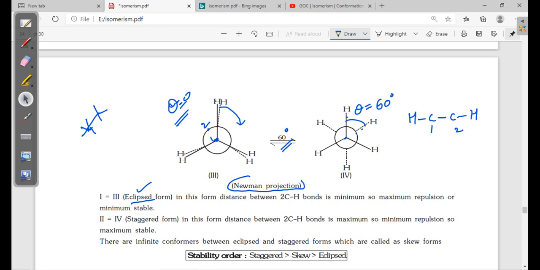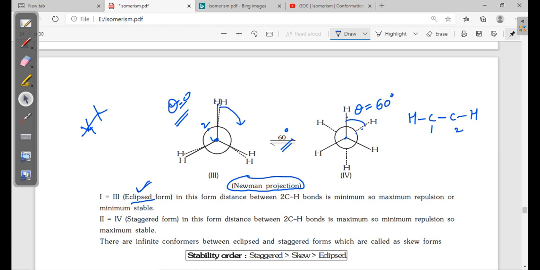We are showing in the Newman projection that the dot indicates one carbon, the ring indicates the other carbon, the backside carbon. If the front hydrogen has exactly backside hydrogen, that is called eclipsed. You know the English meaning: eclipse means sun eclipse, moon eclipse. So eclipse means exactly backside is there, like a shadow.